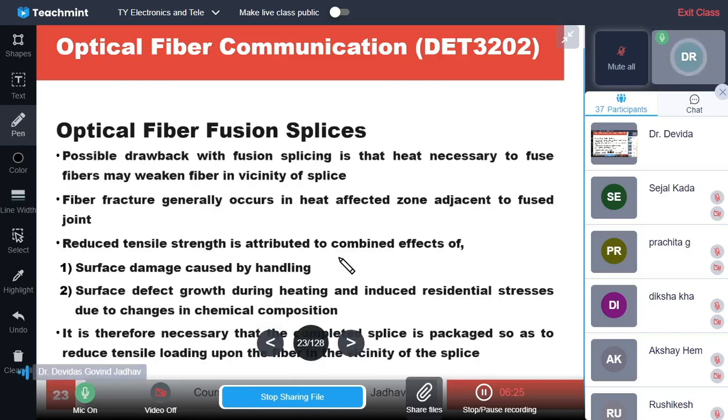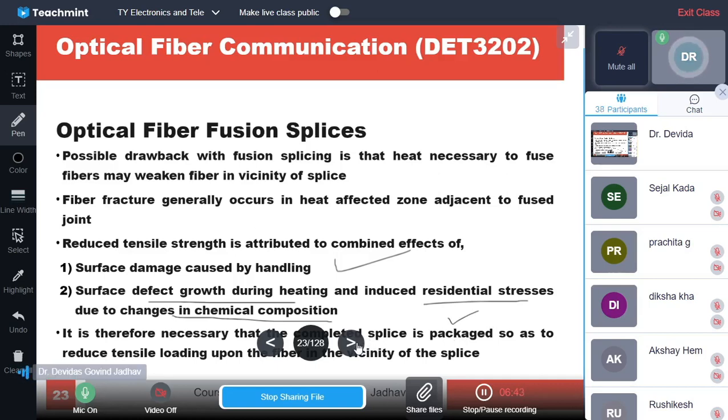Fusion splicing, there is a surface damage, then the defect growth is there, and then the chemical composition changes are there, and residual stresses are developed, and it requires packaging external to provide the strength after the fusion splicing in that localized area.